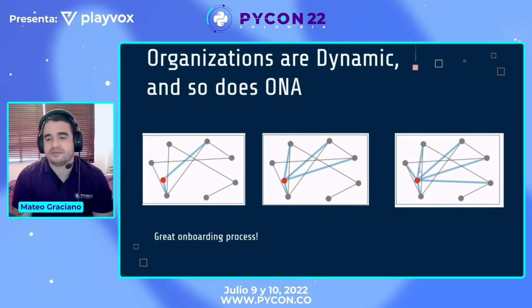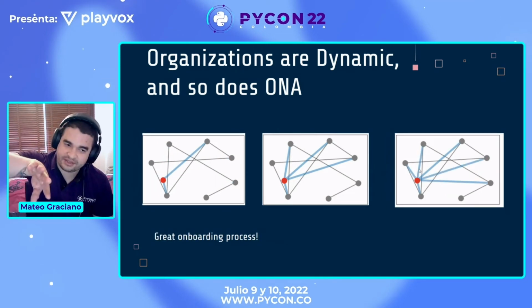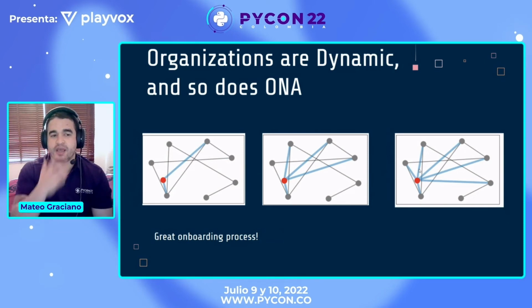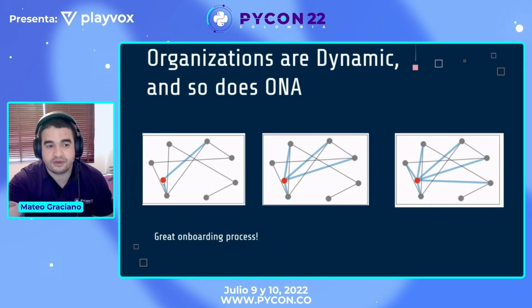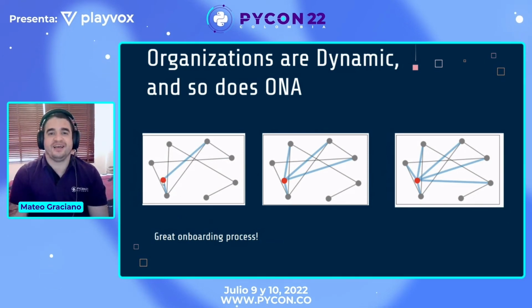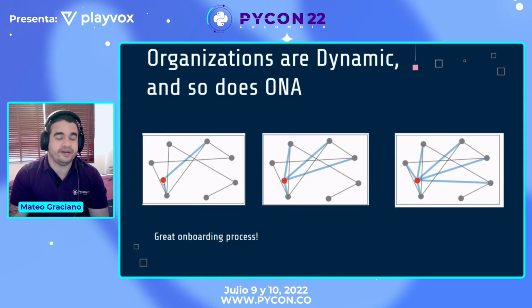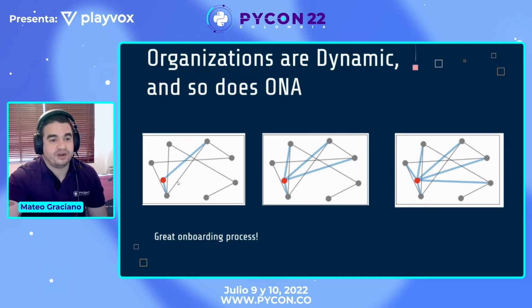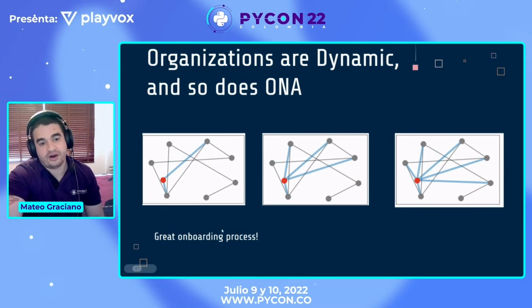But if it's the other way around, and maybe the red employee is the new hire, that means that you are having a great onboarding process, because that person didn't know anyone at the beginning of the onboarding process, but at the end, he knows a lot of people.